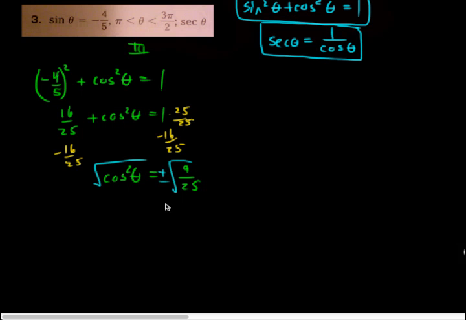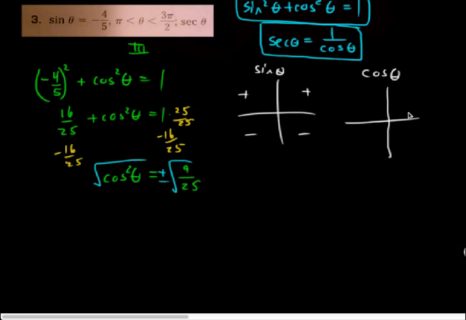Don't forget it. Now, I still have one fact that I can pull from, because I actually want to restrict it to one of these signs specifically. In terms of our quadrants, sine theta we know is positive in the first and second quadrant, and cosine theta, and its counterpart secant for that matter, will be positive in the first and fourth quadrant.